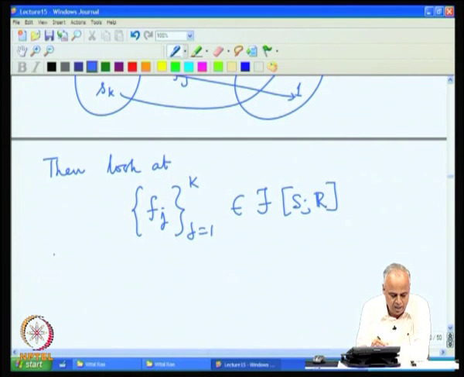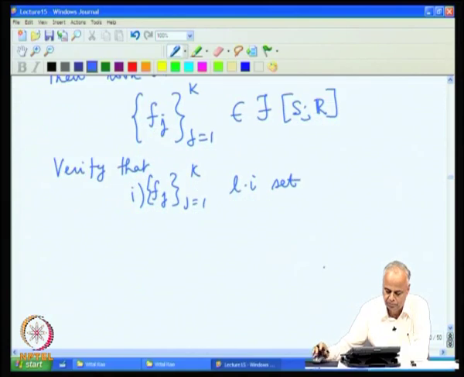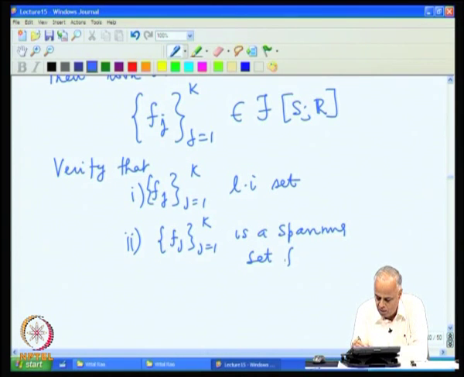We leave it as an exercise to verify, one, that f j, j equal to 1 to k is a linearly independent set, and two, that this f j, j equal to 1 to k is a spanning set for this space, F(S, R).